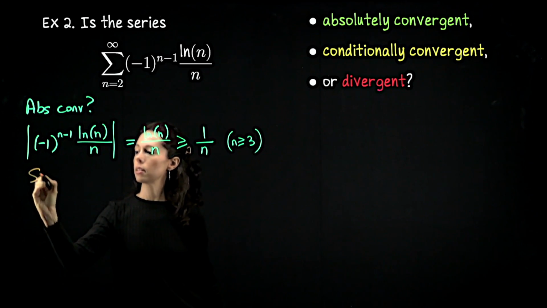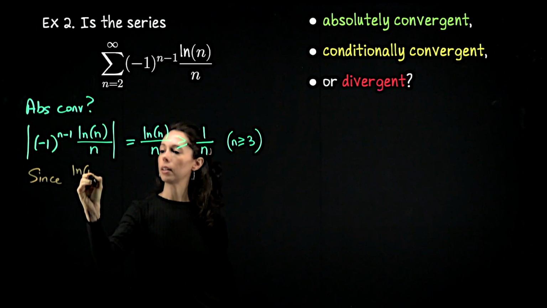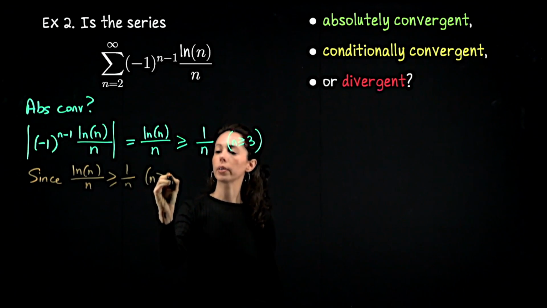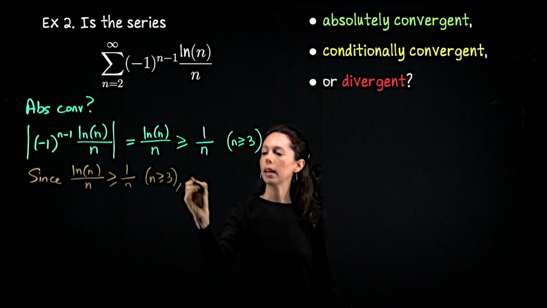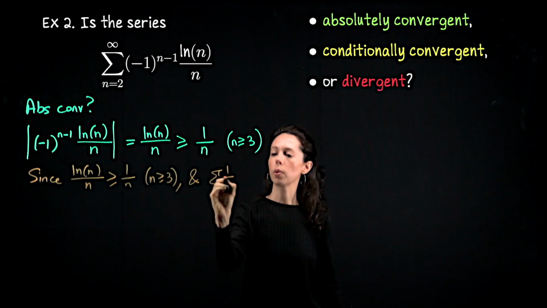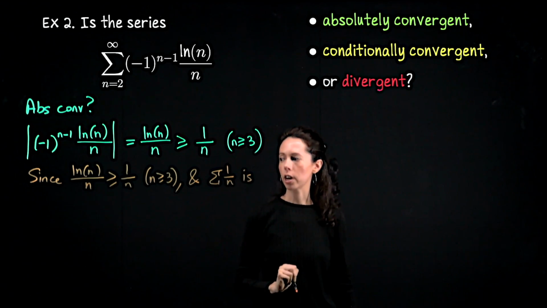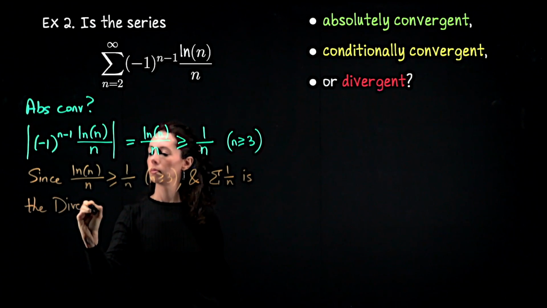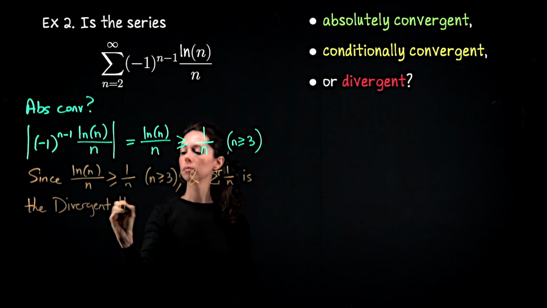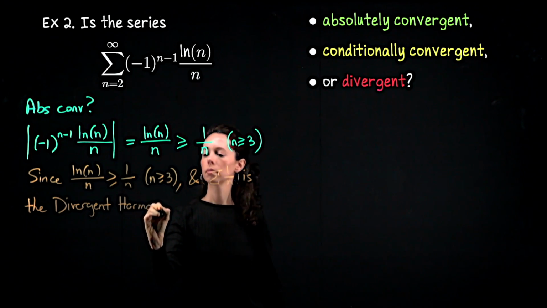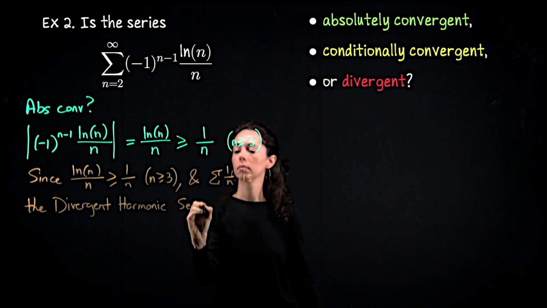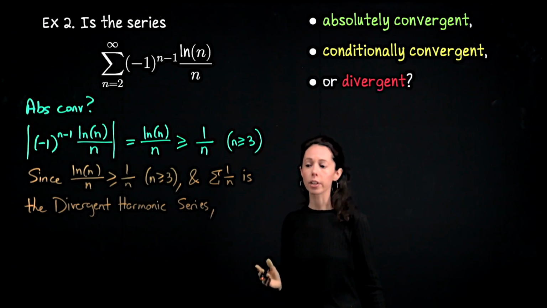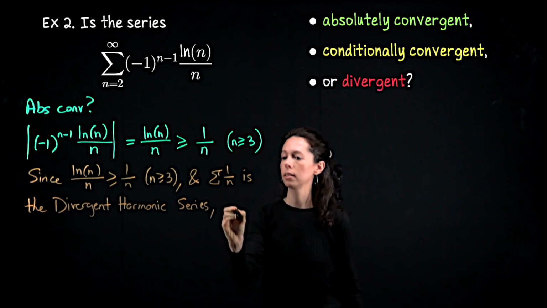So since natural log of n over n is greater than or equal to 1 over n, again, starting with the second term, and this series, 1 over n, is the divergent harmonic series, then that tells us that the series natural log of n over n diverges by the ordinary comparison test.